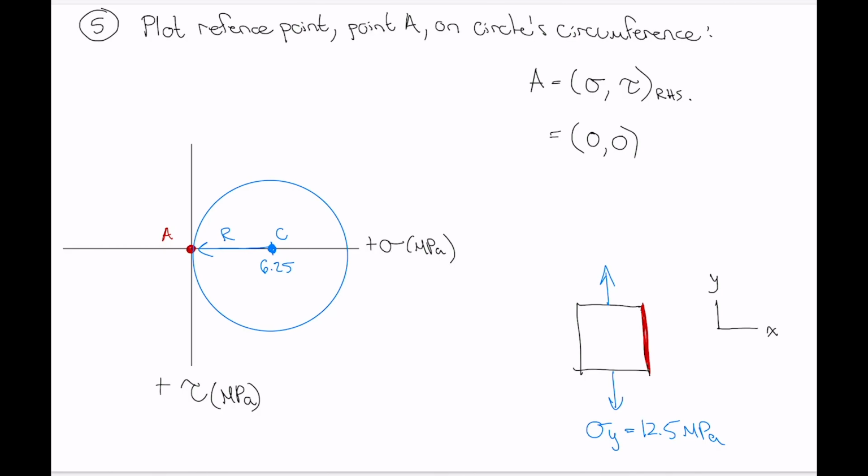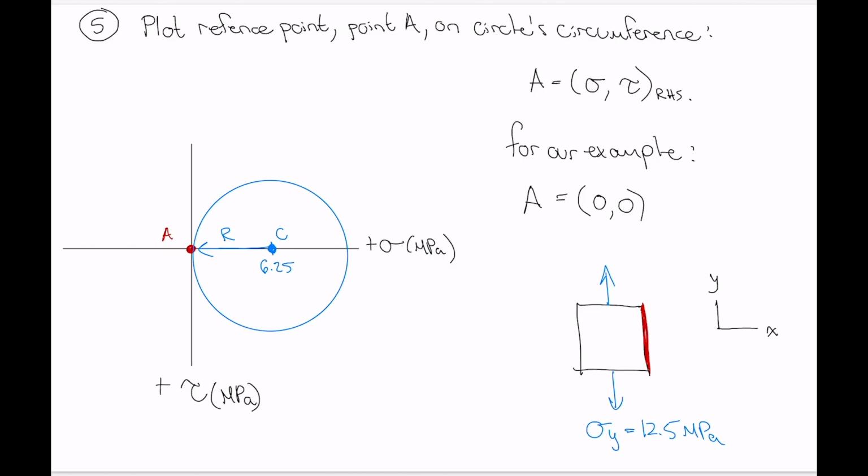Okay. So this 0, 0 is just specific for our example. For our example, A equals 0, 0. So again, you're plotting what the stresses are on the element's right-hand side.